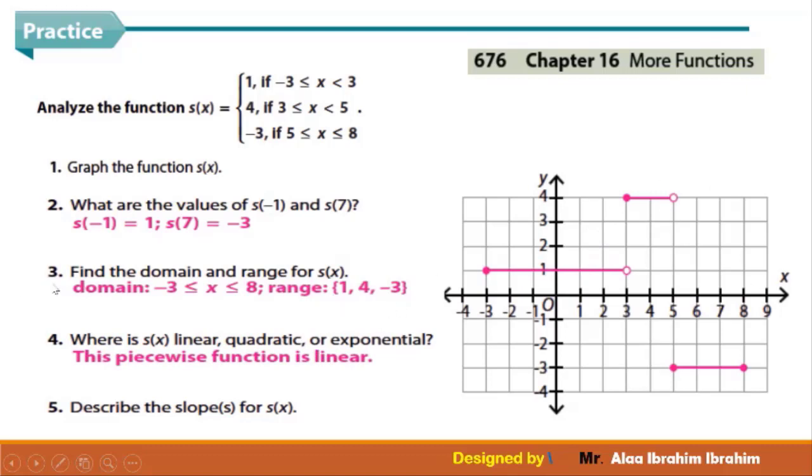Just lines because they're horizontal. Where is s of x? Linear, quadratic, or exponential? This piecewise function is linear. Each piece is linear, always. Describe the slope. I told you the slope is always 0. So the slope for every piece here is 0.